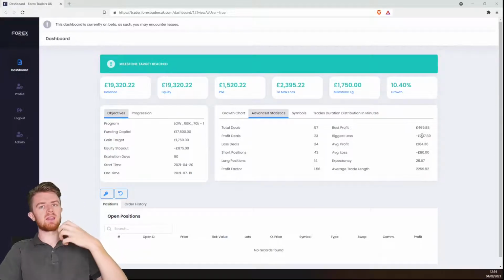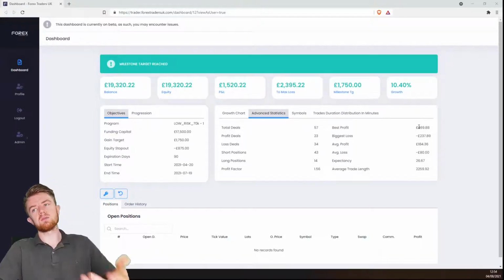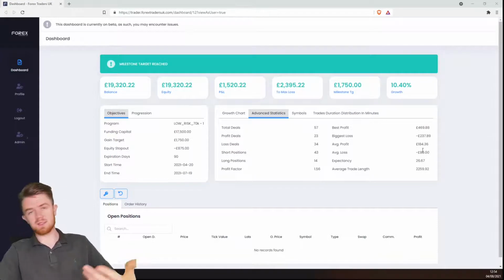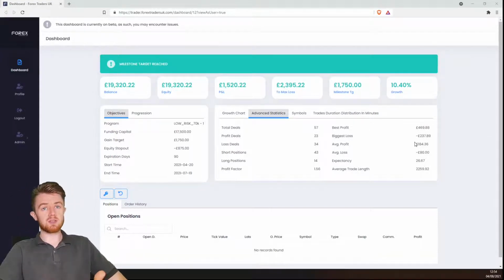They didn't exceed that, so they did stay within the rules, but this is a fairly big loss. But in terms of best profit, the risk to reward ratio seems okay. If you look at the average loss, which is 80, and average profit, £184.36, the averages show that the risk to reward ratio is on point.